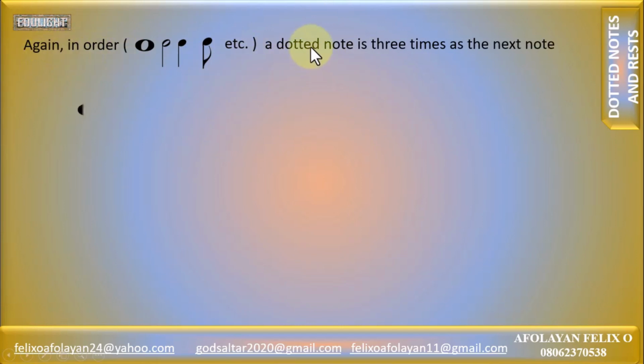Again, in order, a dotted note is 3 times the next note. A dotted note is 3 times the next note. Let's look at this one. Is this, and it's a minim. A dotted minim is equal to 3 crochets, as earlier discussed.